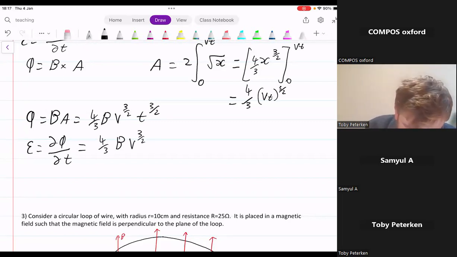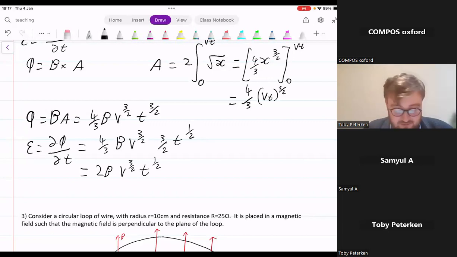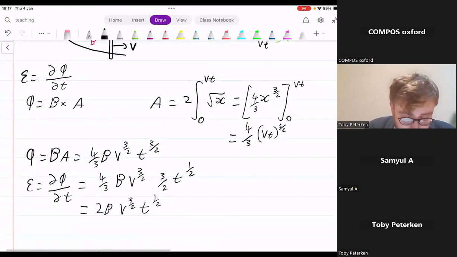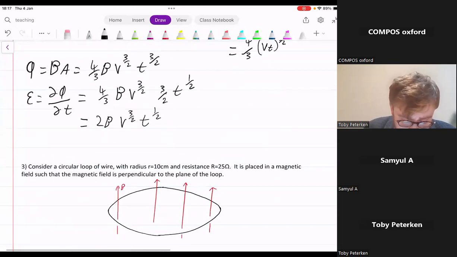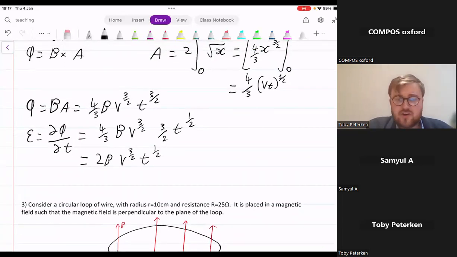Then we differentiate this t, so we have 3 over 2 t to the half, which becomes 2B v to the 3 over 2 t to the half. Okay, are there any questions at this stage?